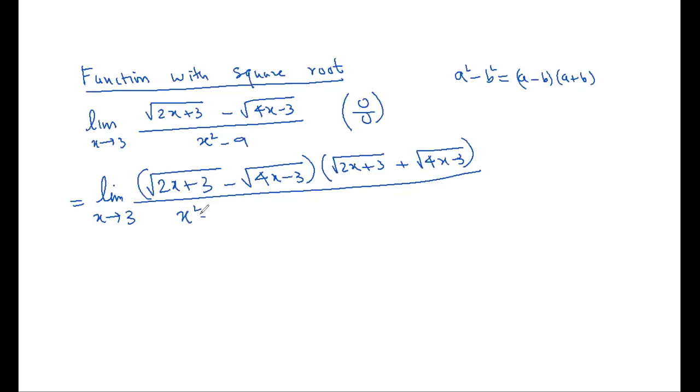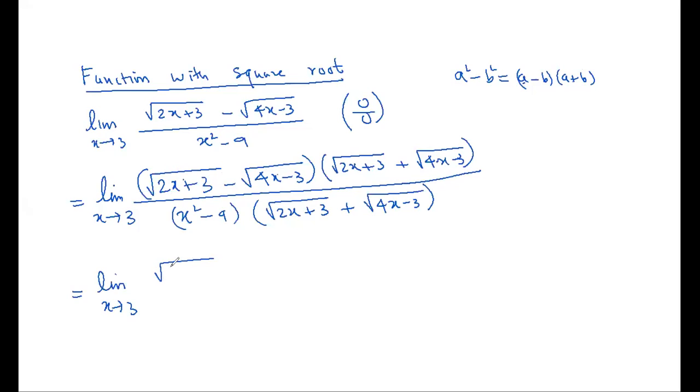So you'll get x square minus 9 into root of 2x plus 3. Can you write down now? Write it down. What is a minus b into a plus b? A minus b into a plus b is a square minus b square. So square of this minus square of this.